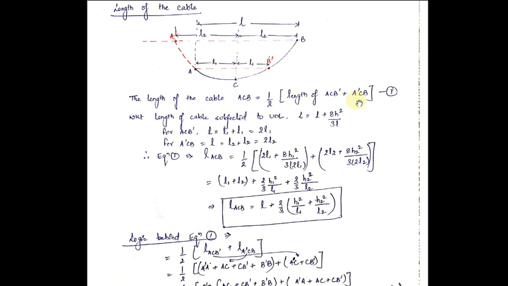For A dash CB, the total span L is equal to L2 plus L2, so I can write L as 2L2. After putting the formula and the values and rearranging, I will get the length of ACB, that is L plus 2 by 3 bracket H1 square divided by L1 plus H2 square divided by L2.